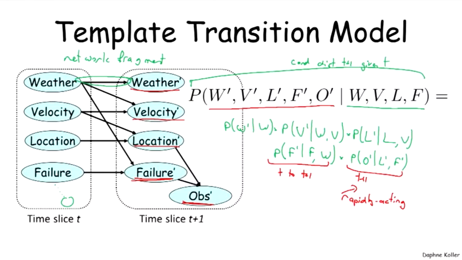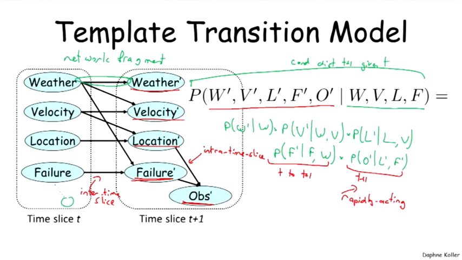These kinds of edges, let's just give them names. These are called intra time slice edges, and these are called inter, or between, time slice edges. And a model can include a combination of both of these.